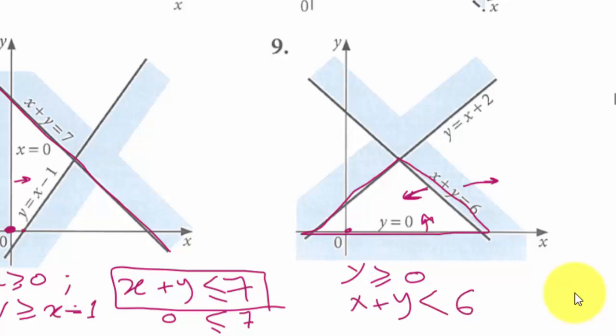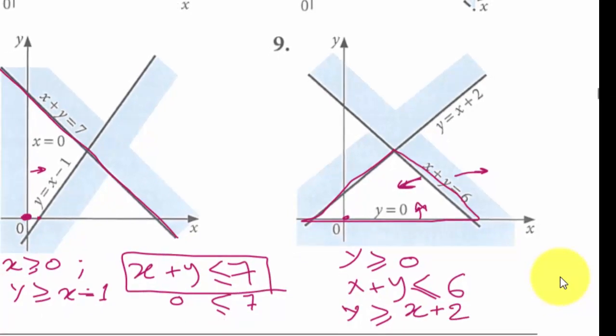The line is not dashed. An equal is necessary. The last one is y equals x plus 2. So under it, y is less than x plus 2, but above, y is more than x plus 2. So y is more than or equal to x plus 2.